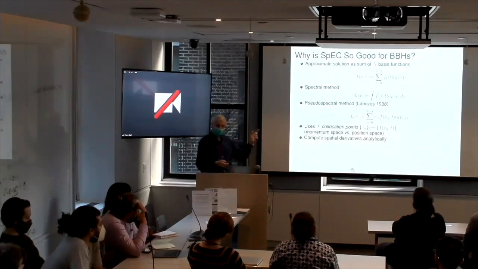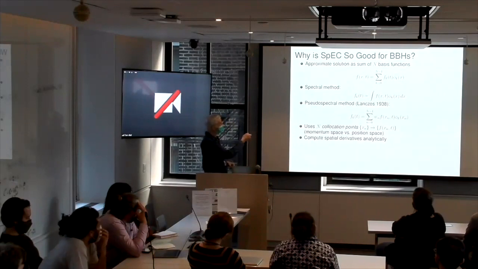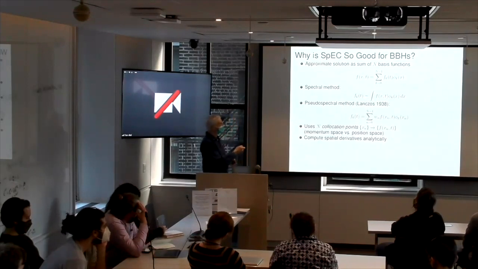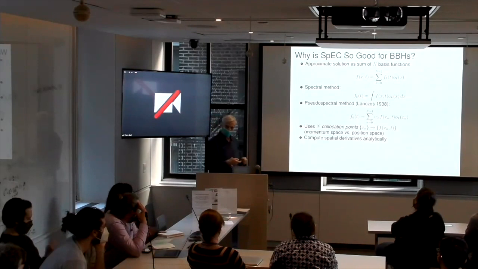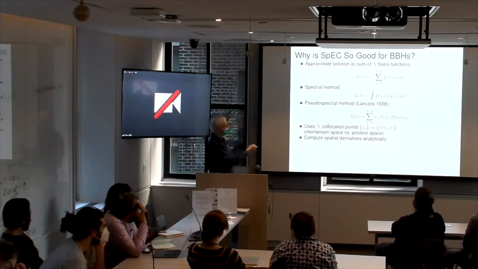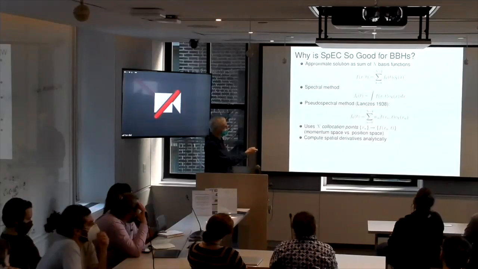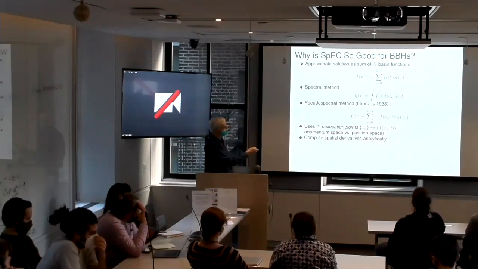Our code that implemented this is called the Spectral Einstein Code, and it works extremely well for binary black holes. The basic idea of a spectral method is what you learn when you learn separation of variables. You take your solution and you approximate it as a superposition of some basis functions.